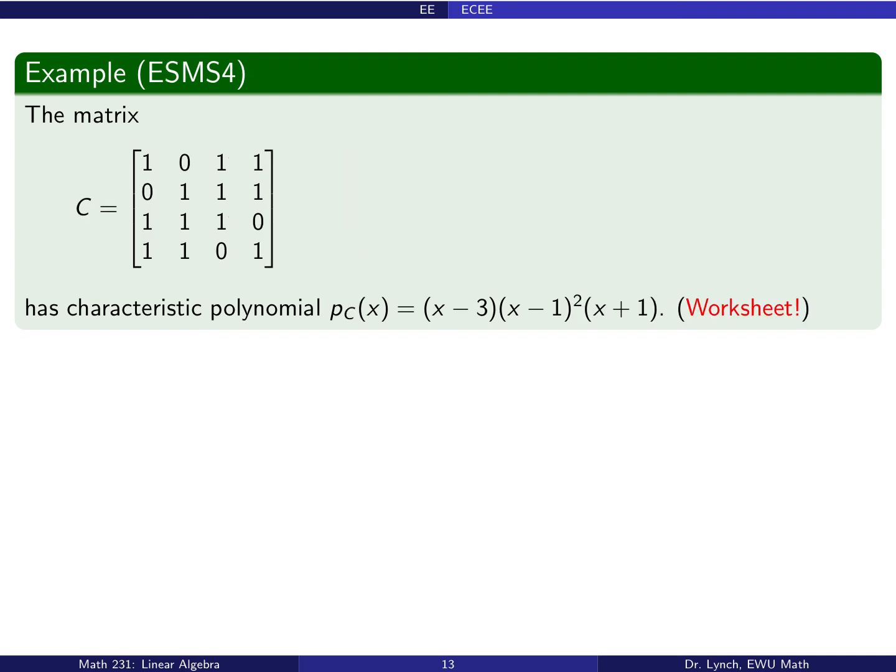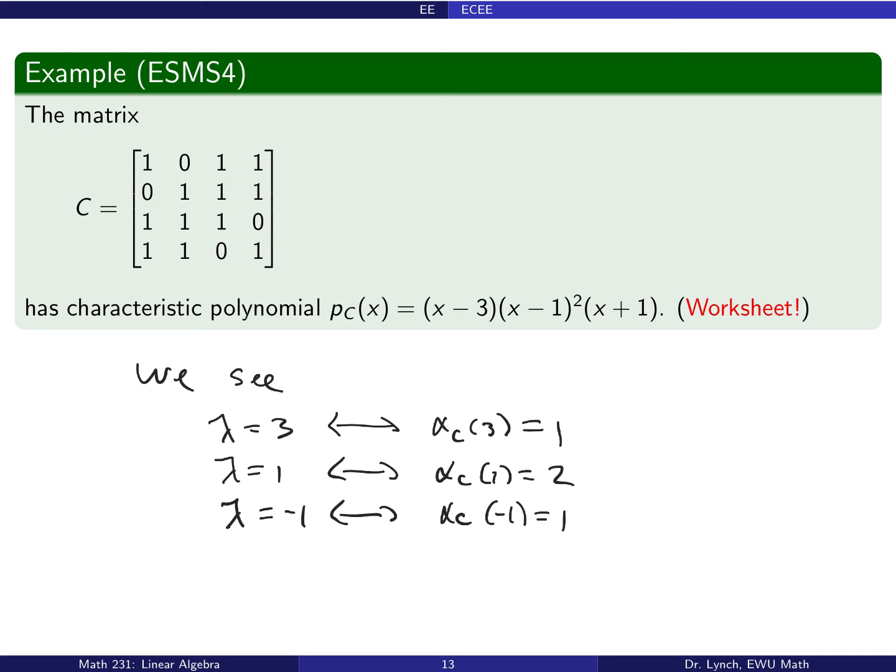I'll have you run through a similar example on the worksheet for this matrix C. It has eigenvalues 3, 1, and minus 1, and the algebraic multiplicities of those eigenvalues we can read right off as 1, 2, and 1.